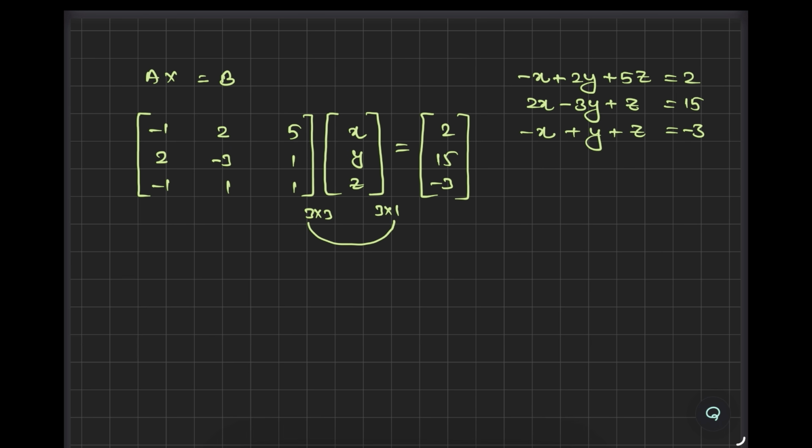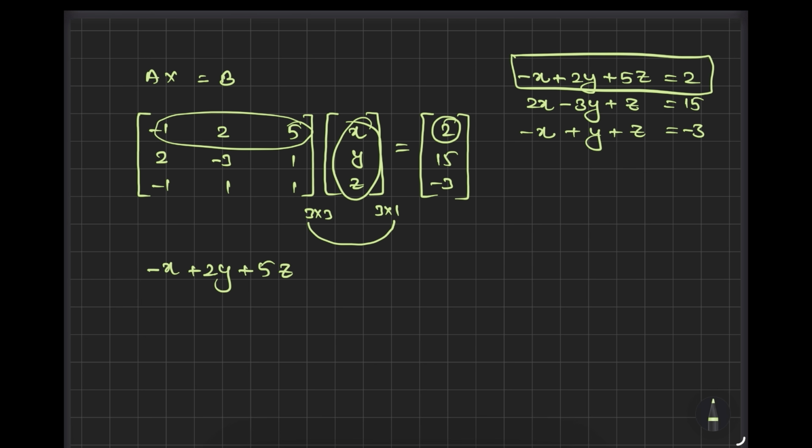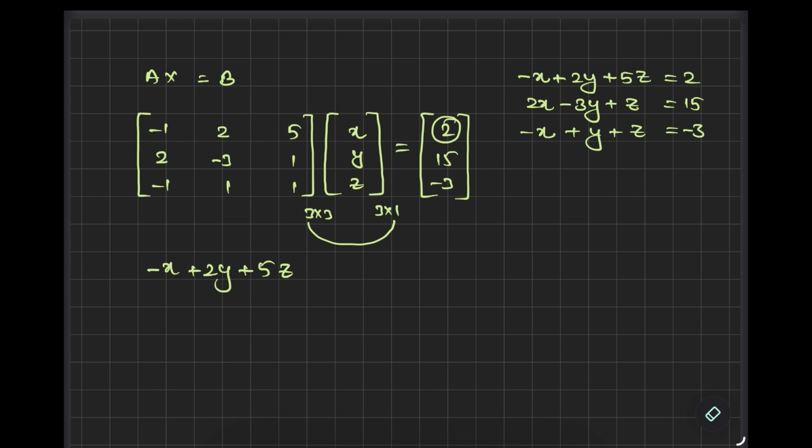Now look at this. How will we proceed? Try to understand. Suppose you need to multiply. You will multiply this row with this column, meaning -x plus 2y plus 5z. This would be the first element and this will be equal to 2. So you can write your matrix equation in this form.